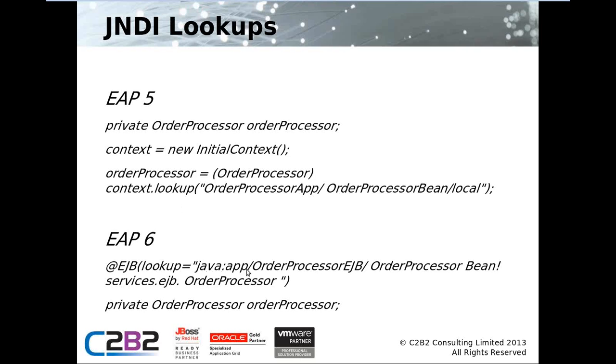And if you want to do a stateful bean, you basically just add stateful on the end. So although it's quite a simple change, if you use JNDI lookups extensively, there could be a lot of changes, and although it's not particularly difficult to do, it is prone to error, so you need to keep an eye out for that.